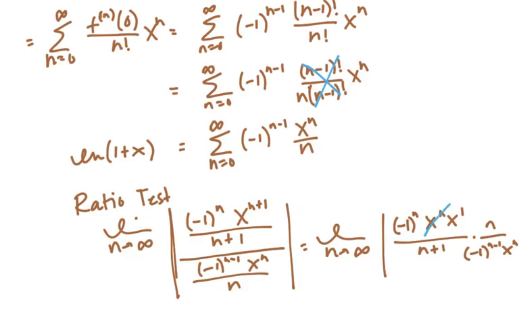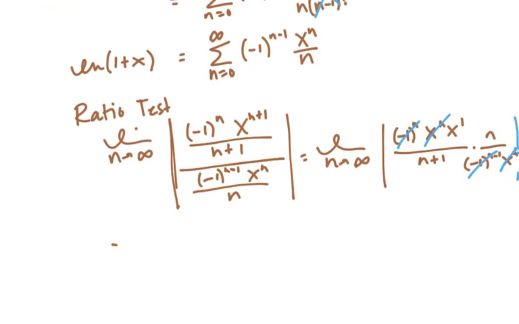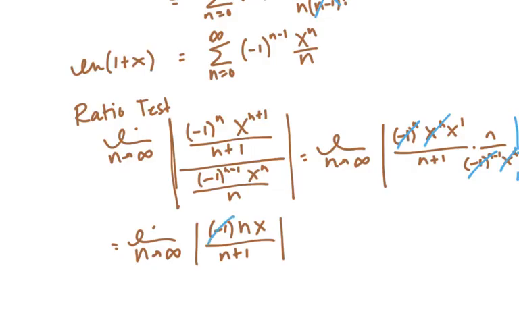So these x's cancel. Most of these cancel, but what doesn't cancel is in absolute value bars. So we have the limit as n approaches infinity. We technically have negative 1 on top, and then we have an n and we have an x over n plus 1. But this negative 1 becomes a positive 1 because of the absolute value.